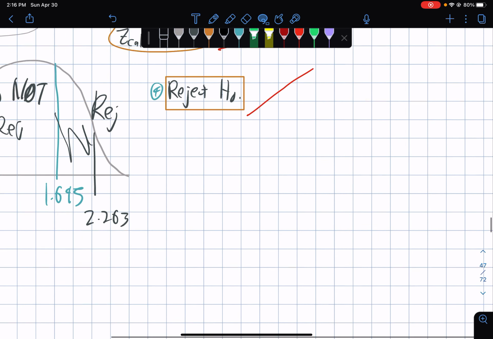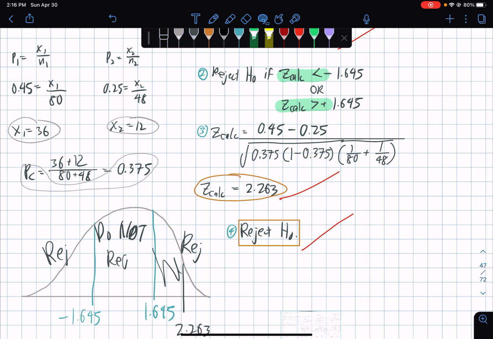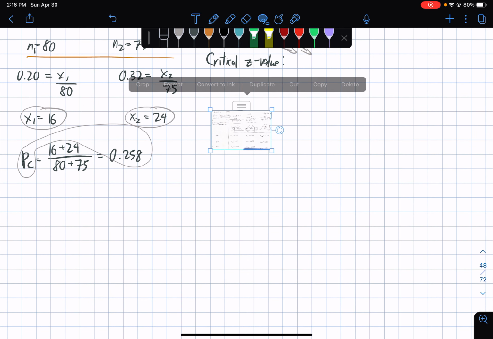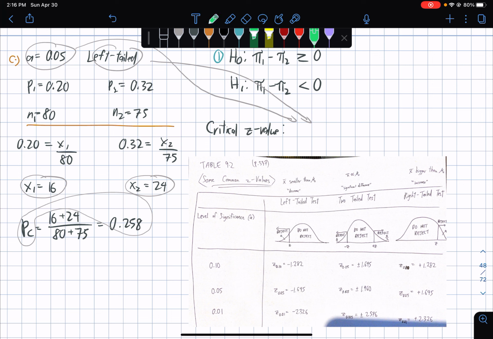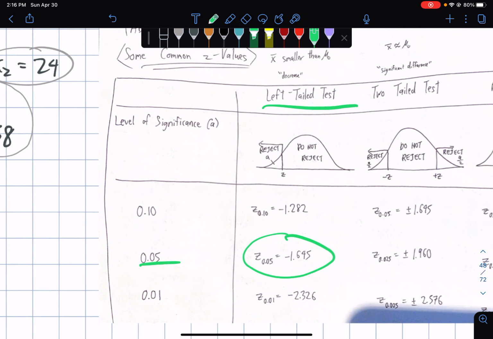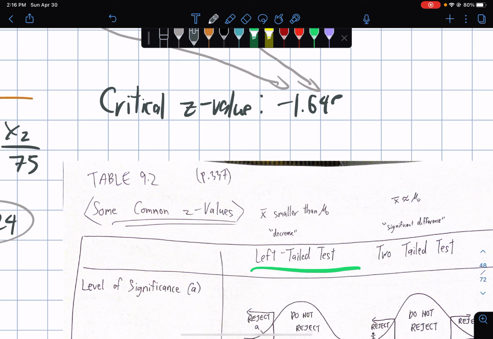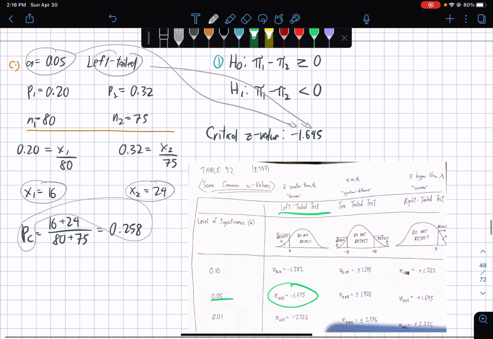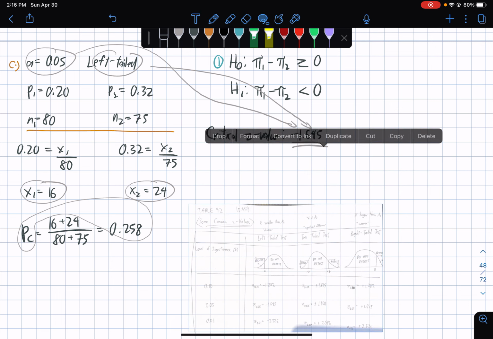Let's pull out our sheet again. This one. So it is a left-tailed test, and it's 0.05. So we have negative 1.645. Okay, good looking.